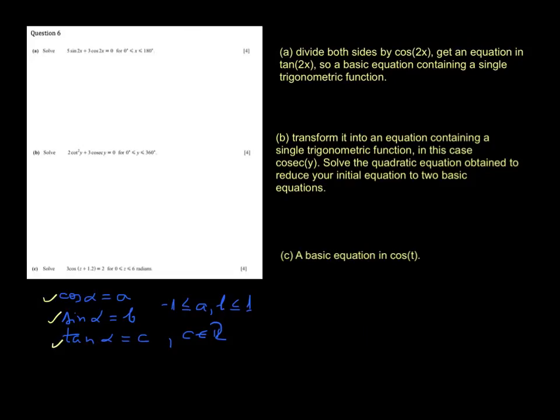So we try to reduce any trigonometric equations to one of the three basic ones. And now please read the comments under A, B, and C to see how we do this in three different ways. Please pause the movie to read this carefully. The difference between what we call basic equations in cases A and C is that in case A, your basic trigonometric equation is tan 2x equals something.